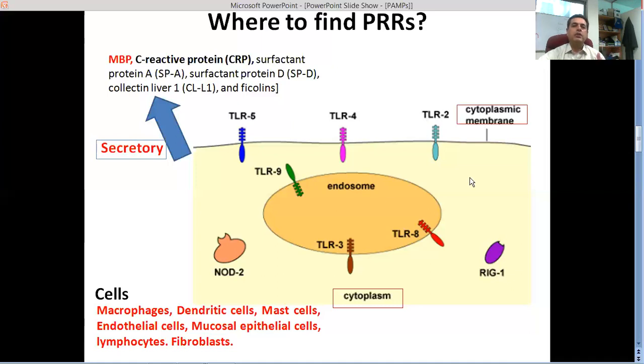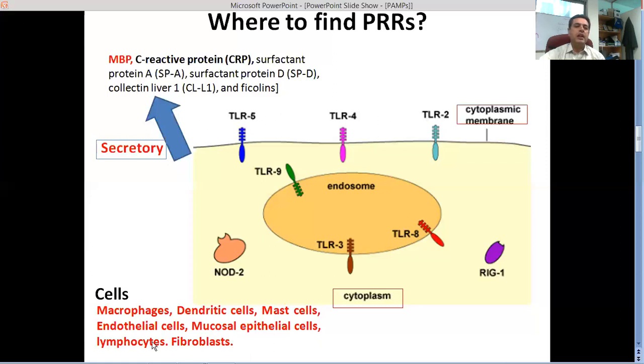Sometimes I will tell you about these responses in the next slide. So what are the cells that have all these different types of the pathogen recognition receptors? These cells include macrophages, dendritic cells, mast cells, endothelial cells, mucosal epithelial cells, lymphocytes, and fibroblasts.